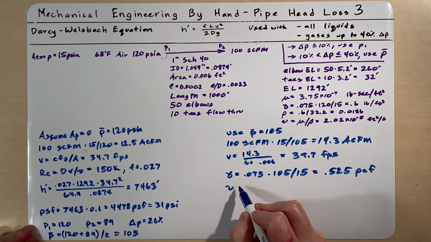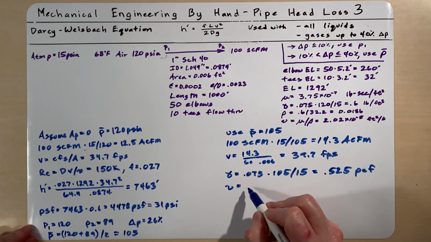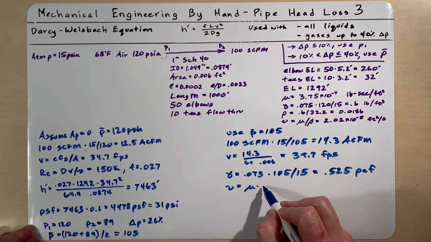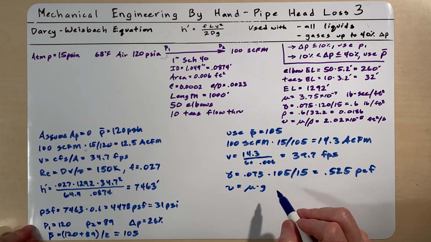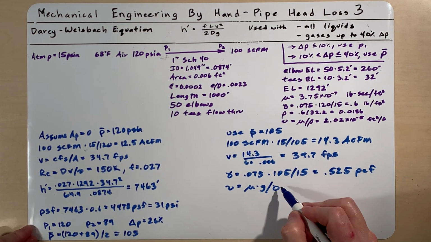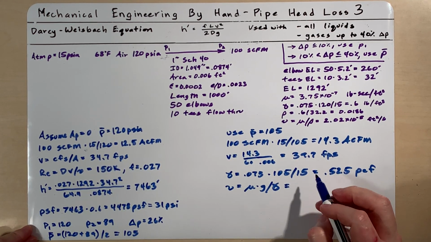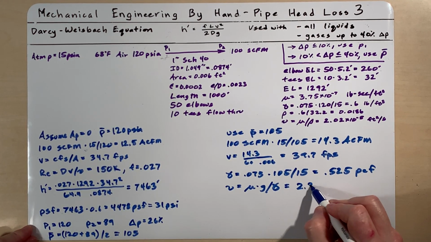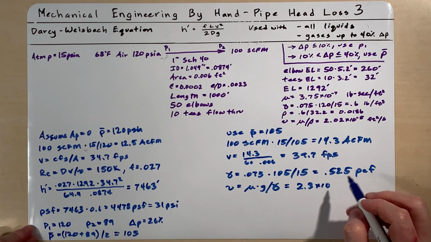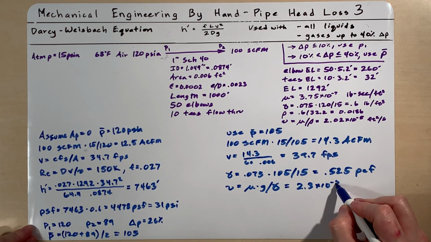And then kinematic viscosity equals absolute viscosity times gravity over the specific weight. And so that is 2.3 times 10 to the negative 5.